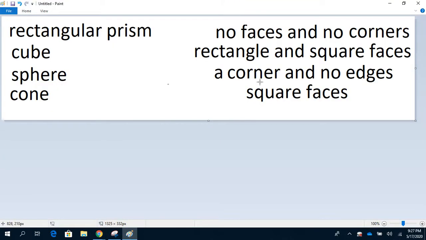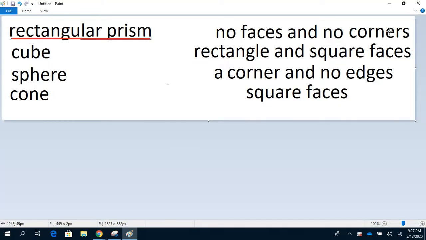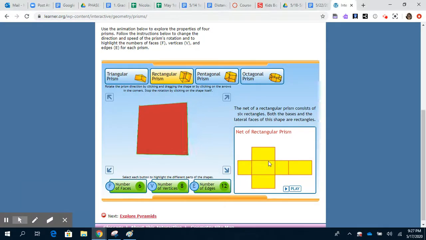So let's read to figure out what would go with rectangular prism. Does it have no faces and no corners? Well, we said that it has 6 faces and 8 corners. So that's not true. Does it have rectangle and square faces? Well, let's look. I can see all laid flat here. I see some rectangles.